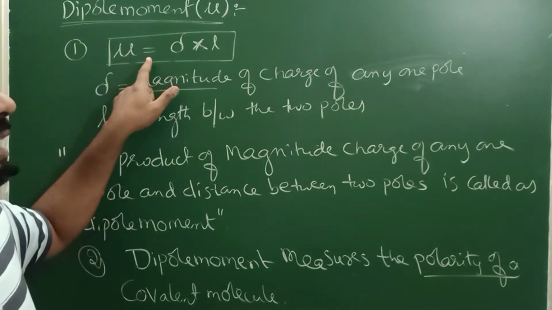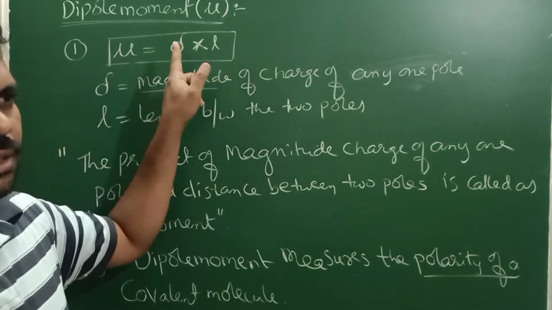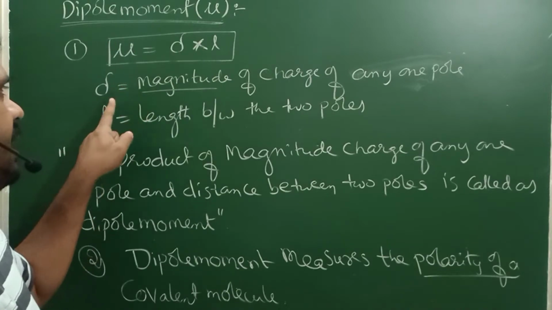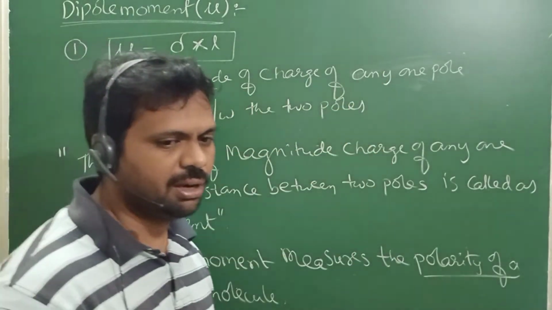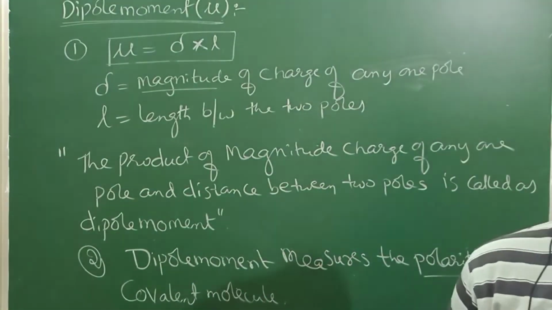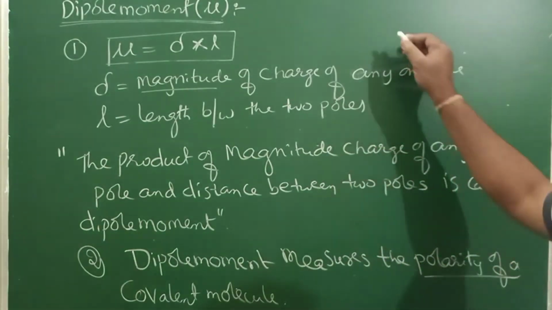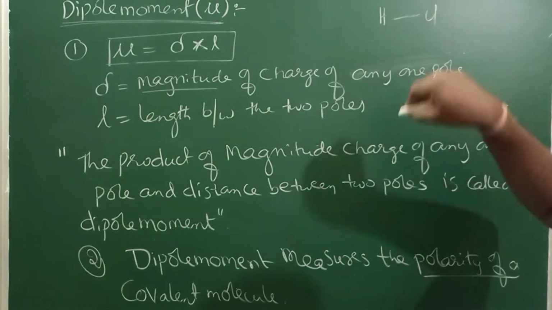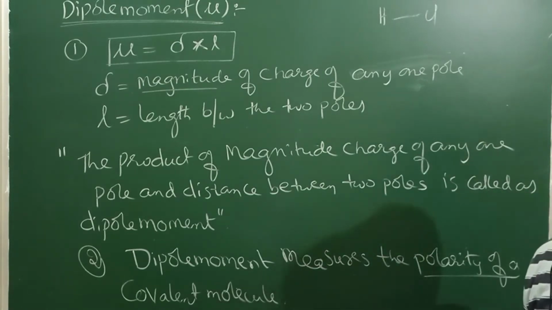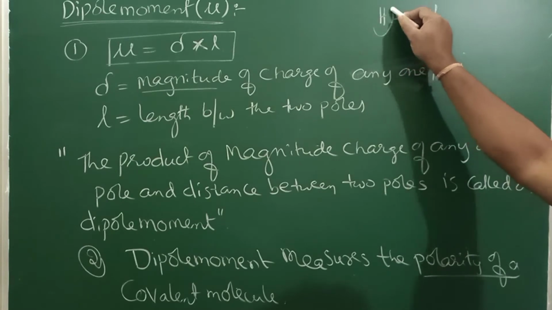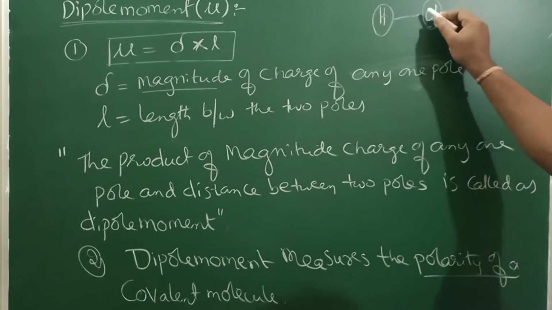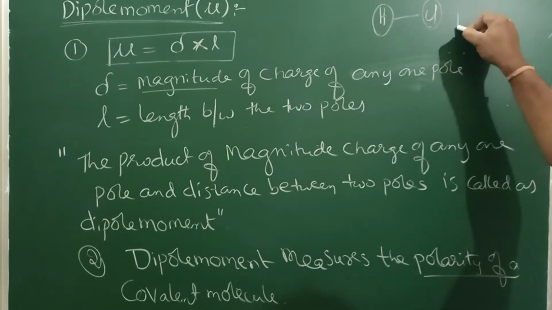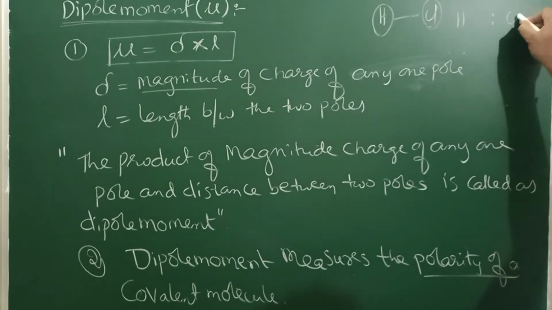The dipole moment symbol is mu. Its formula is delta into L. Sir, what is the meaning of delta? Delta is the magnitude of charge of any one pole. For example, if we take the polar covalent molecule HCl, hydrogen and chlorine, chlorine has more electronegativity, therefore the bond pair of electrons are more nearer to the chlorine.